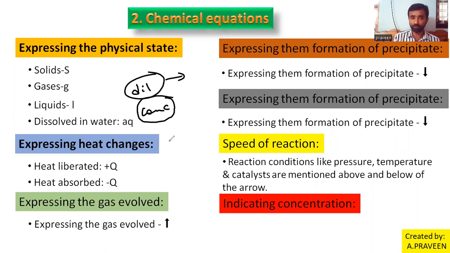For example, if you are preparing tea, for 1 cup of tea you may maintain 1 spoon of sugar, right? So that 1 spoon is the concentration of the sugar in that. If you add 2 spoons of sugar into the same cup of tea, what happens?